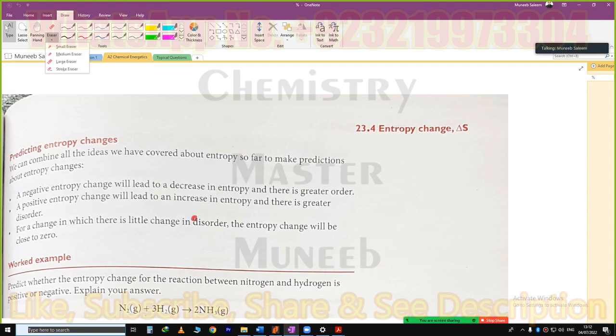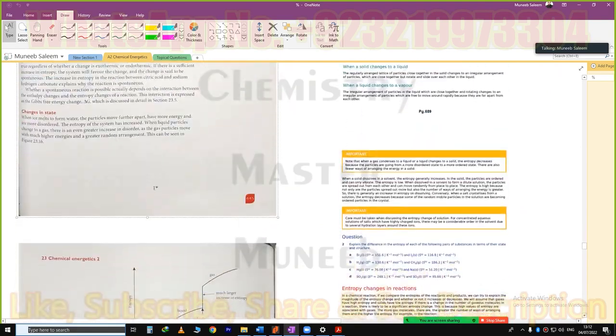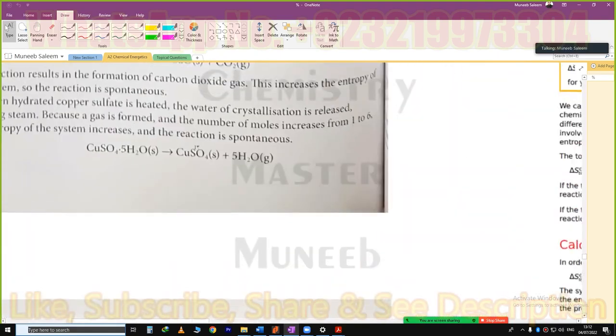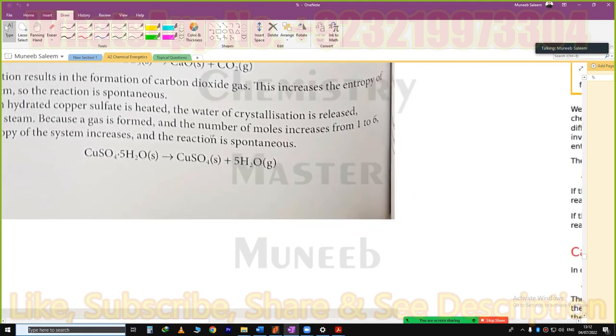What do they mean by greater order? Greater order is the opposite of disorder. Like solid substances have greater order, but liquids have greater disorder. Or you can also say that if we reverse this reaction by adding water into the copper sulfate, we get this crystalline compound, the water of crystallization compound.